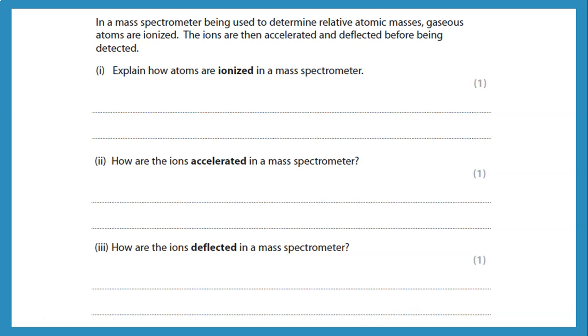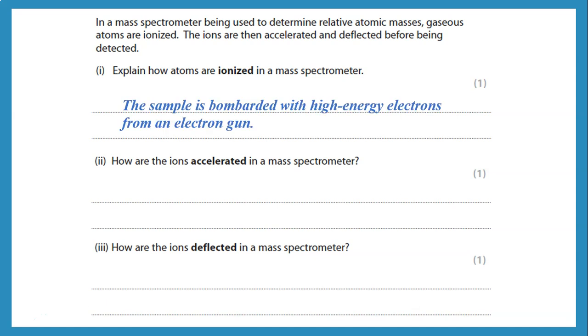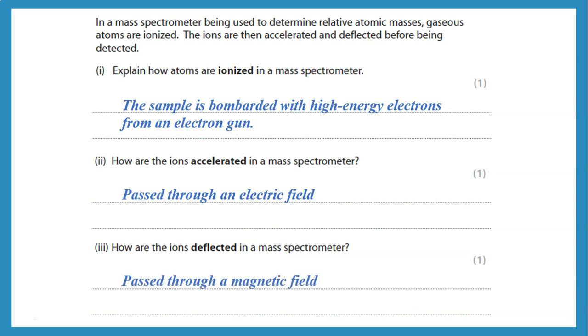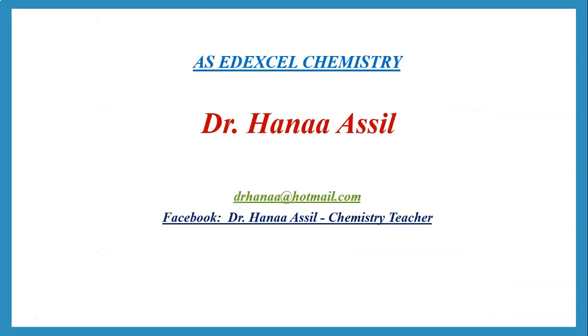We said the sample is bombarded with high energy electrons from an electron gun. How are the ions accelerated? We said we pass them through an electric field. How are the ions deflected? They are passed through a magnetic field.